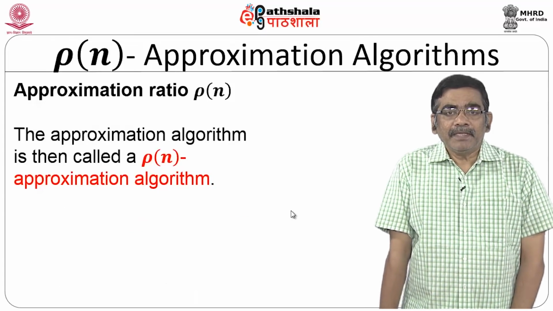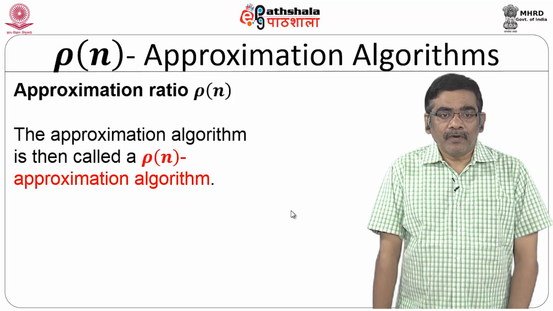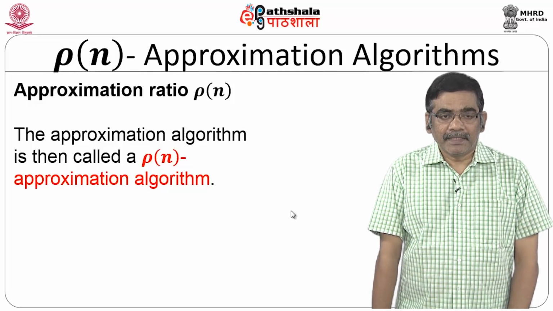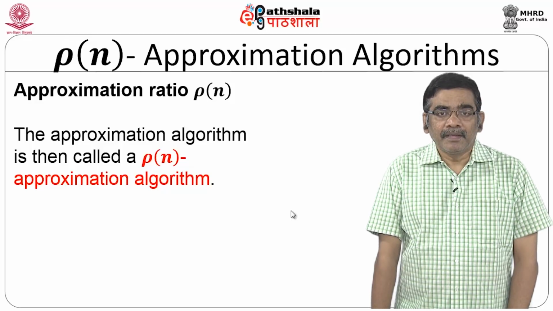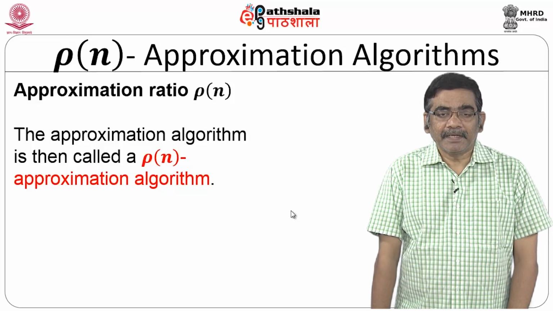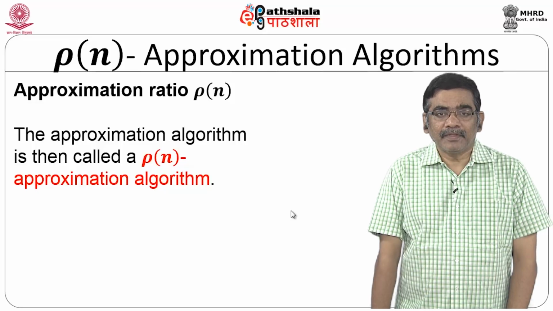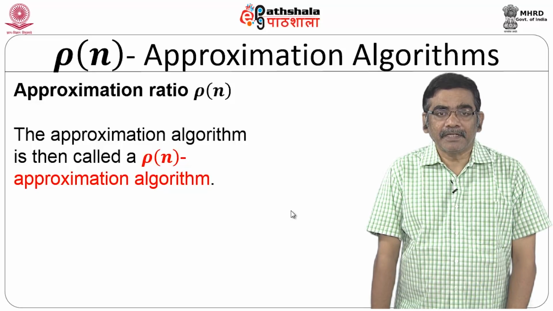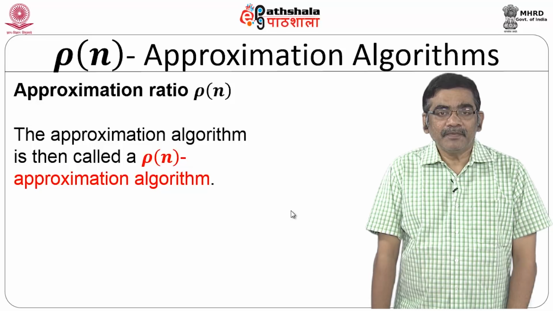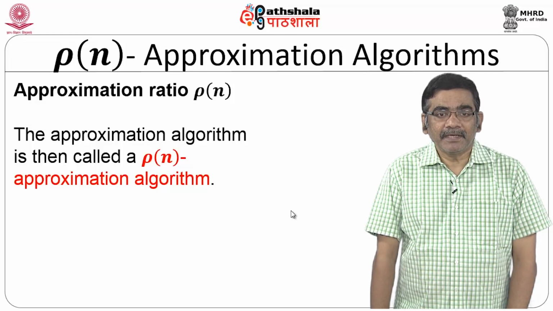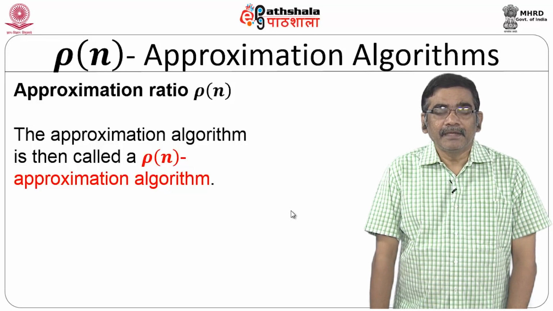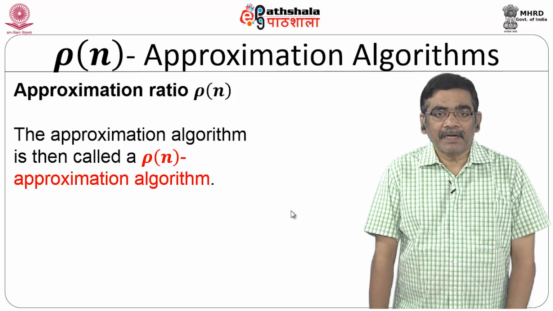If the approximation algorithm has a ratio of rho of n, that is, the ratio of the original and approximation, or the approximation and original, whichever is the maximum, we get the approximation ratio rho of n. Then we can call that particular algorithm a rho of n approximation algorithm.